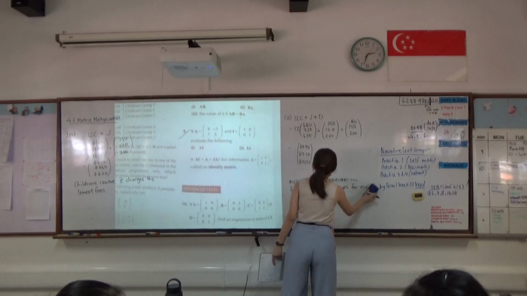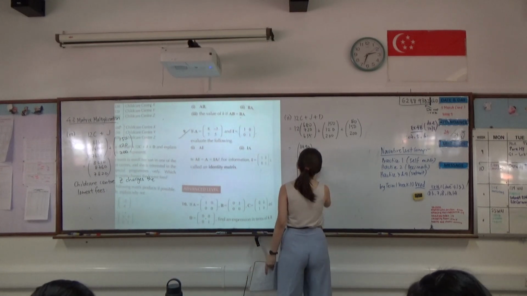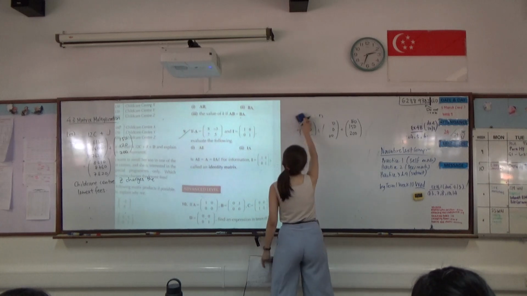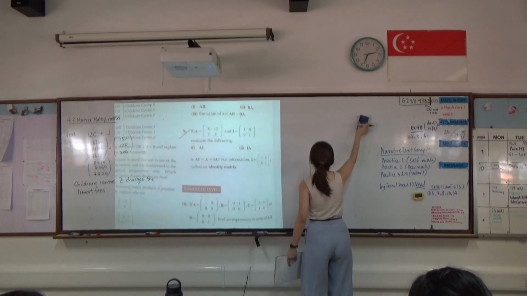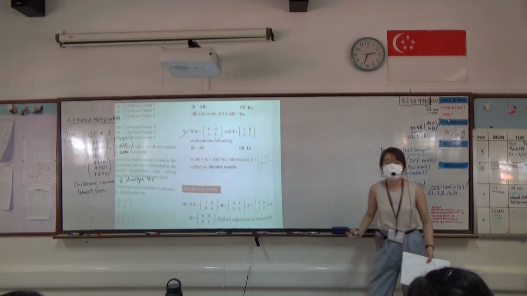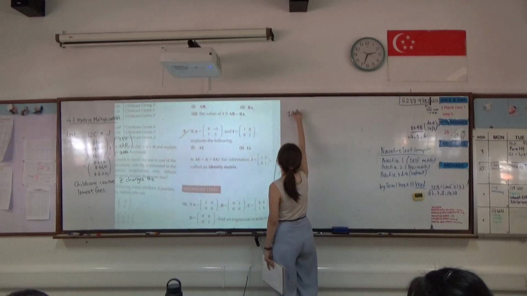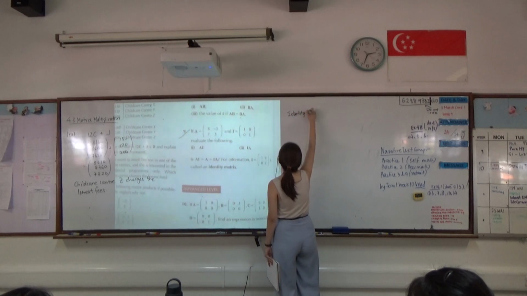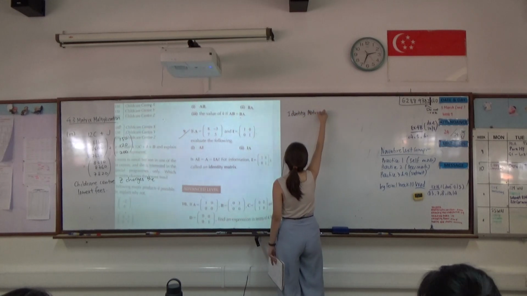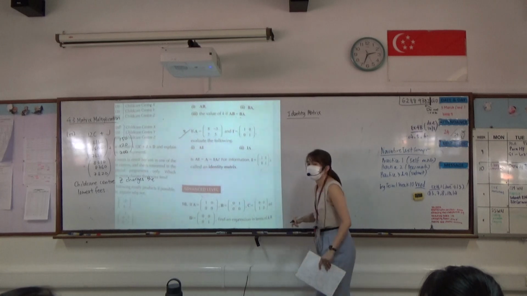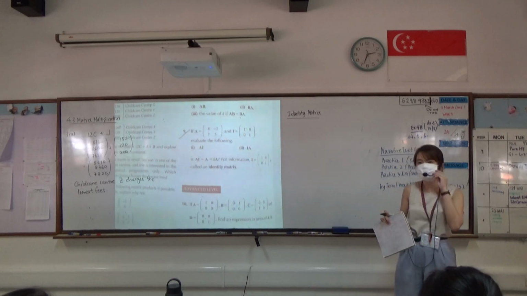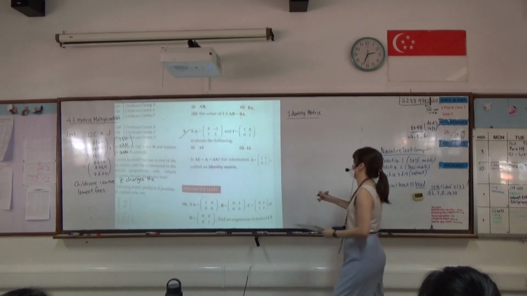I want to introduce to you a very special matrix, and that is very important. That is the identity matrix. The identity matrix itself is usually a square matrix.